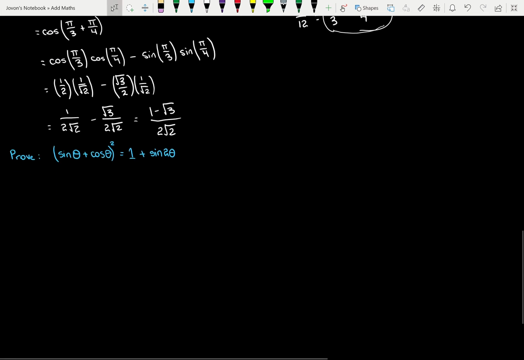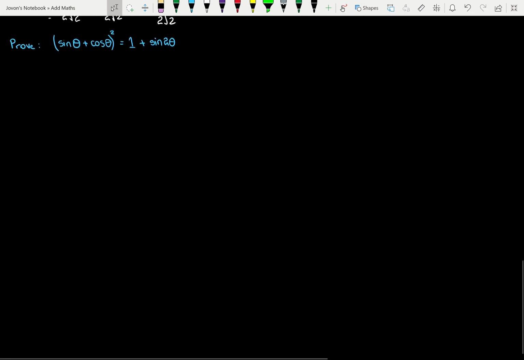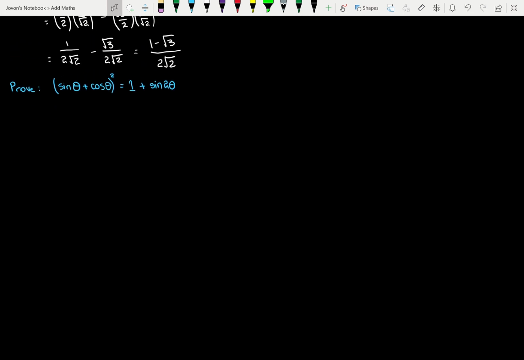We have the next identity here now. Prove that sine theta plus cosine theta all squared is equal to 1 plus sine 2 theta. Again, the left hand side has more information, so we can start off with that. And remember, the only thing you can really do is expand. So we'll have sine theta plus cosine theta multiplied by sine theta plus cosine theta.